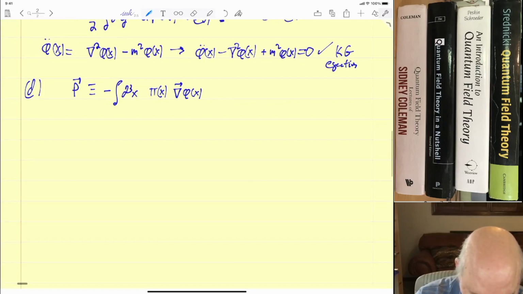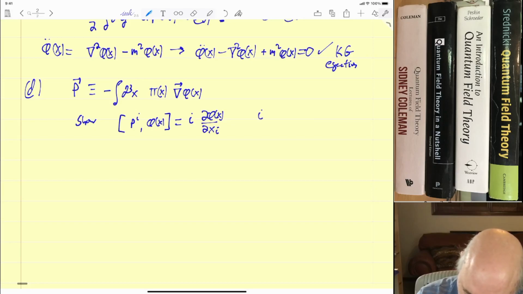So we want to show that the commutator of P_i, that's the spatial index I'm just using, with phi of x is equal to i times the partial of phi of x with respect to x_i. Here i is a spatial index; don't ever confuse a spatial index with the imaginary i.